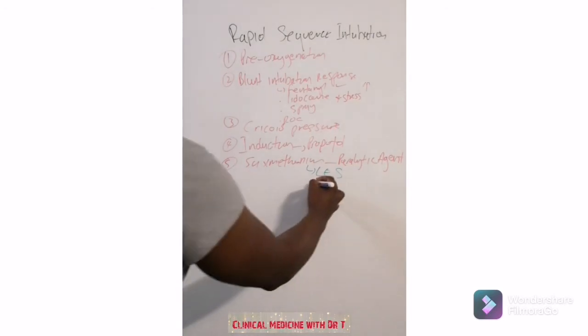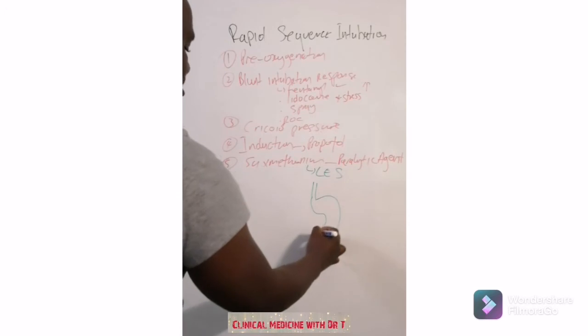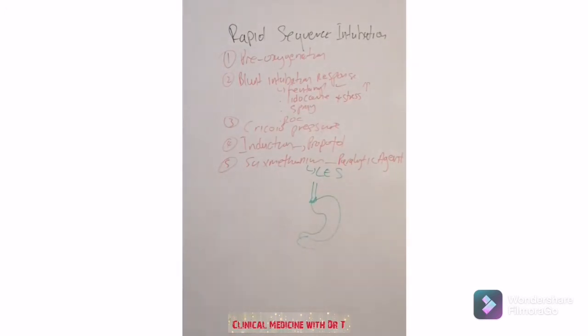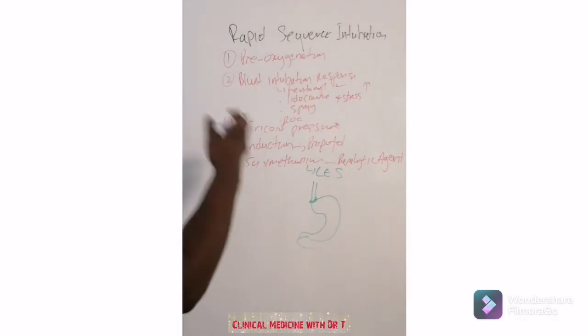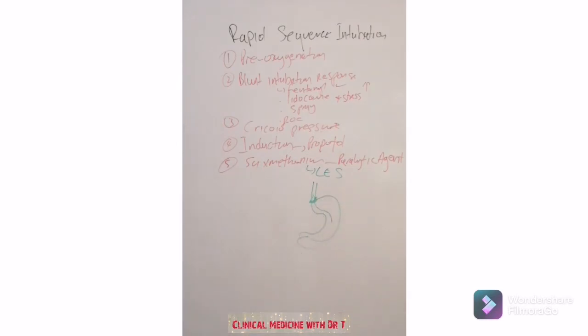Once you relax the lower esophageal sphincter, this is the stomach, you've got a sphincter there. Once that sphincter, the muscles, which are skeletal muscles, relax, this opening dilates, and the patient is also in a recumbent position.